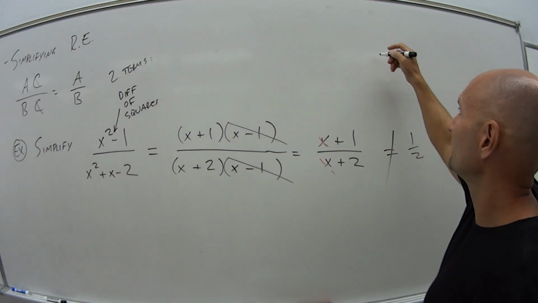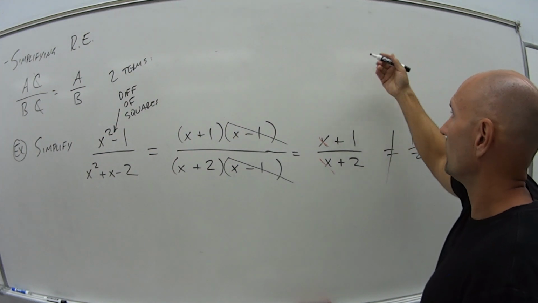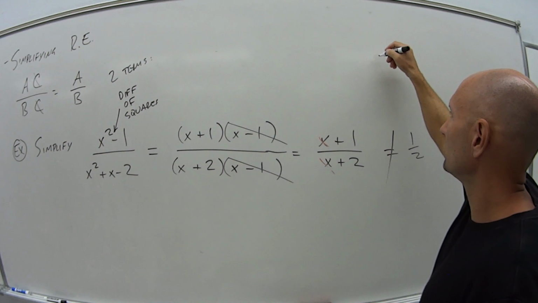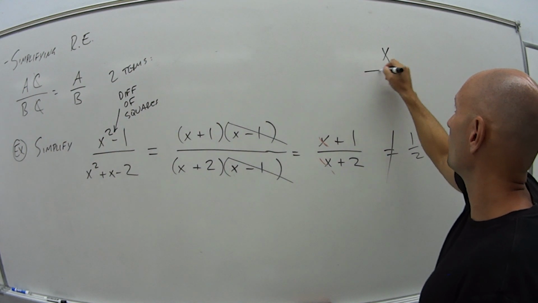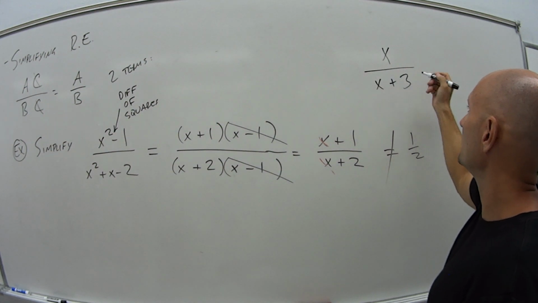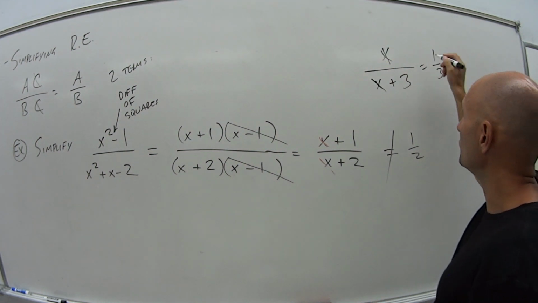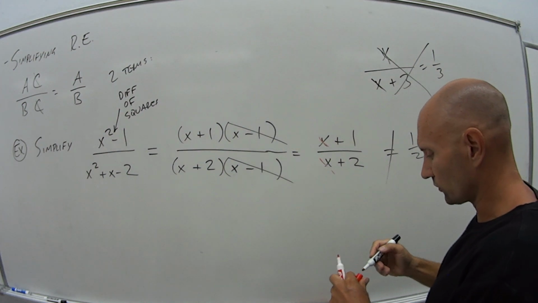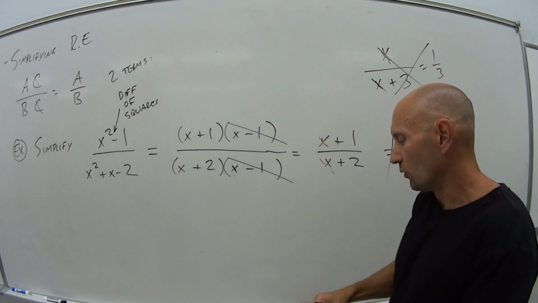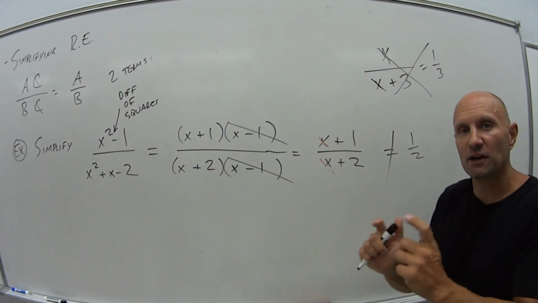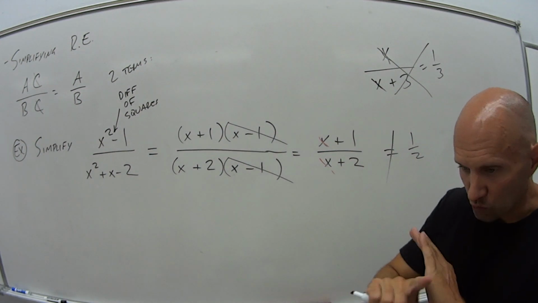Where I'll see this a lot is, you might have x over x plus 3, and they say, oh, this x cancels with that, so it's 1/3. No, that's not the way that works. If there is a plus or a minus attached to the variables and the numbers, you cannot cancel.